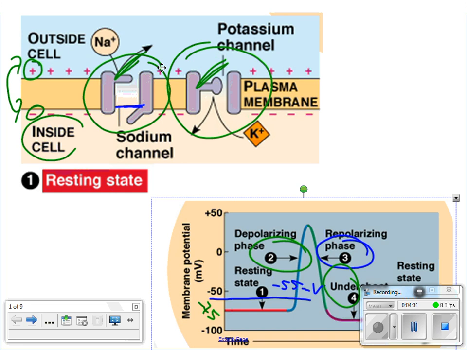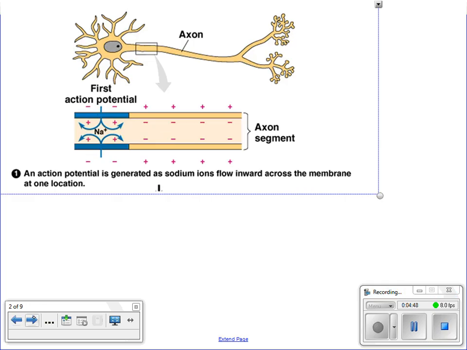Now that's really important because if that wasn't the case, then a signal would just fire on a neuron in every direction the entire time. It wouldn't sequentially move down a neuron, which is why the undershoot is so important. So that's basically the review of how a neuron fires.